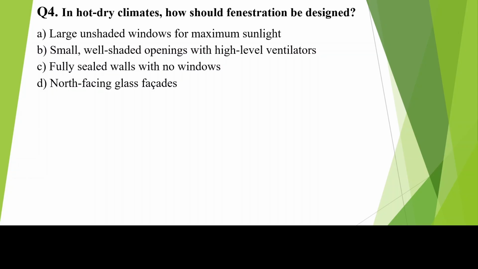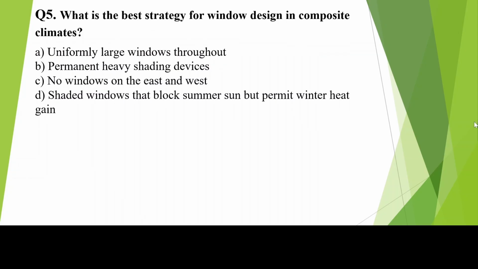So with this, let's move to the fifth question. Here is the fifth question for all of you. What is the best strategy for window design in composite climates? How will you be designing your windows in composite climate conditions?